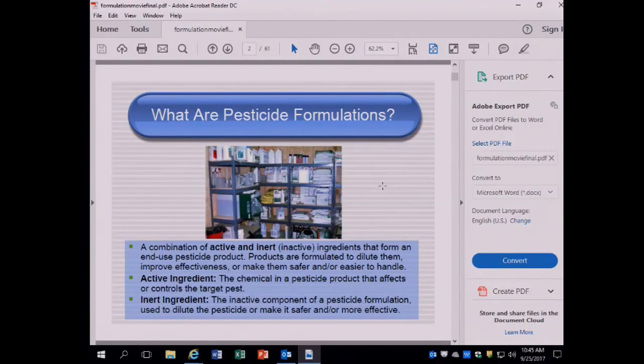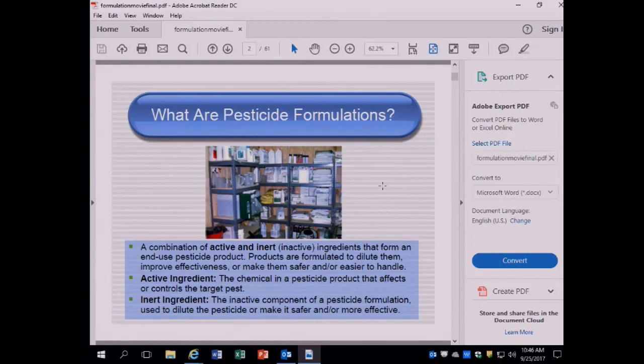A common fertilizer formulation would be a 5-10-10, and normally that's dispensed in a 50-pound bag. So you're looking at 5% nitrogen, 10% phosphorus and 10% potash, and that's based on 100 pounds.